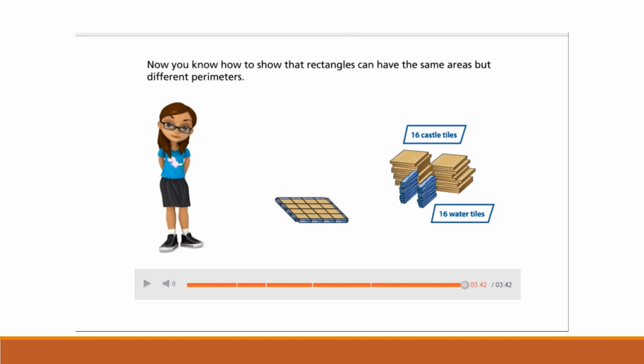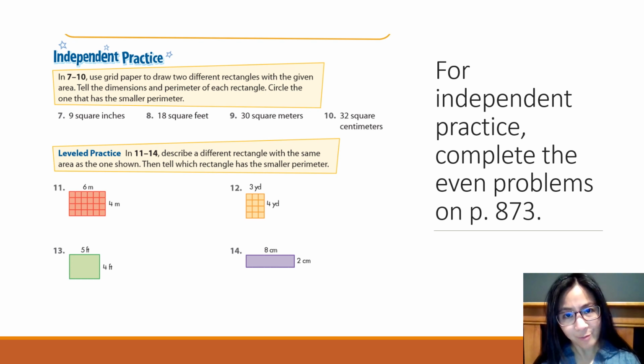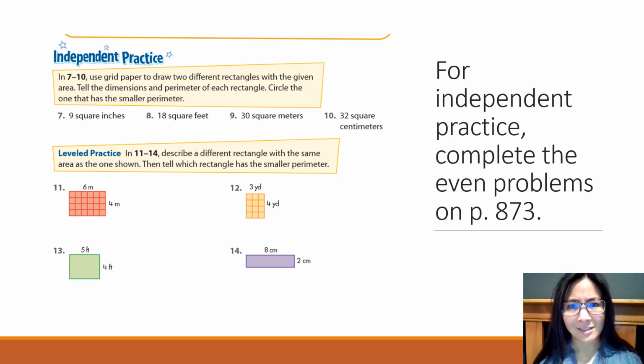Alrighty. Alright, well, as far as I'm concerned, our guided practice was doing the solve and share together, that first problem, and kind of working through the visual learning. So we're going to skip the guided practice part on page 873 and have you go right to the independent practice.